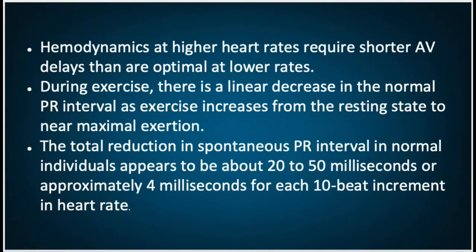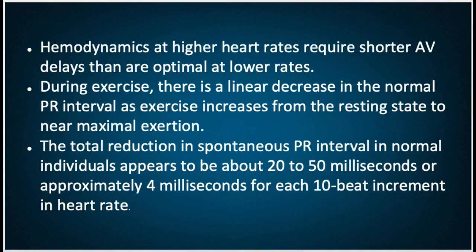There is some predictability in certain aspects of AV interval optimization. It is consistent that optimal hemodynamics at higher heart rates require a shorter AV delay than is optimal at lower rates. With exercise, there is a relatively linear decrease in the normal PR interval as exercise increases from the resting state to near maximal exertion.